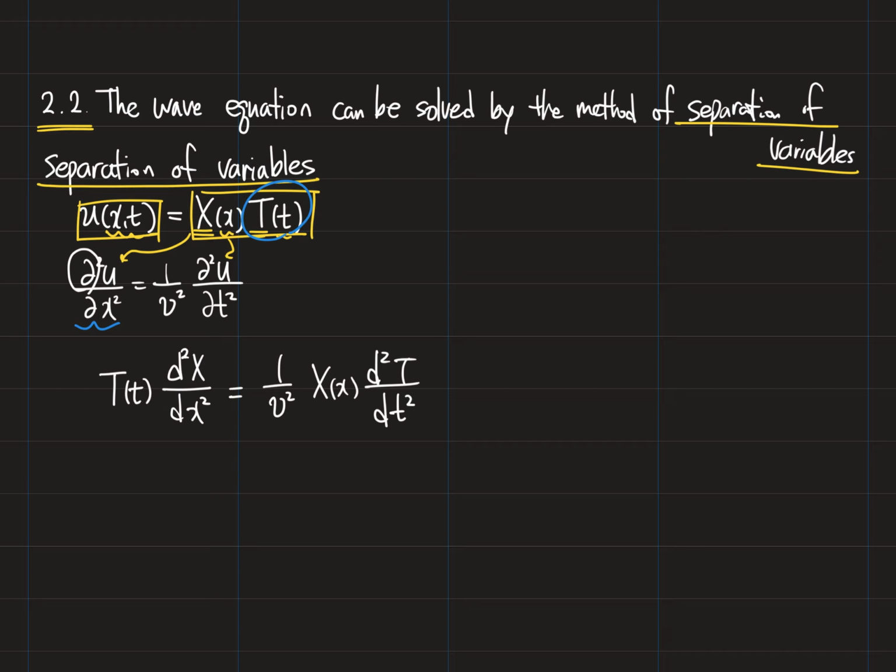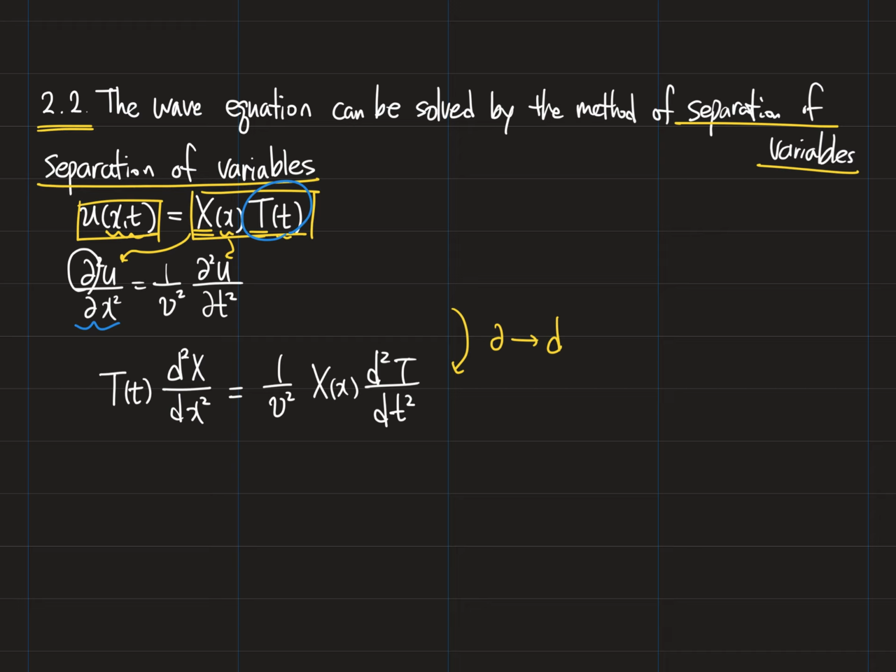As I mentioned previously, the important difference is that the partial notation becomes an ordinary derivative. Compared to the original equation, this might look a little bit more complicated.